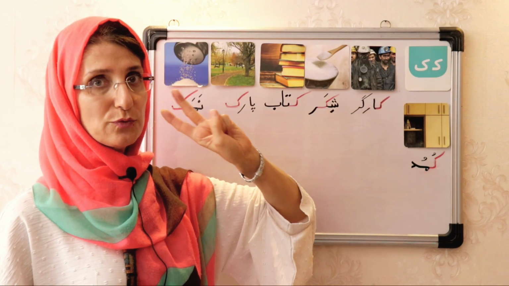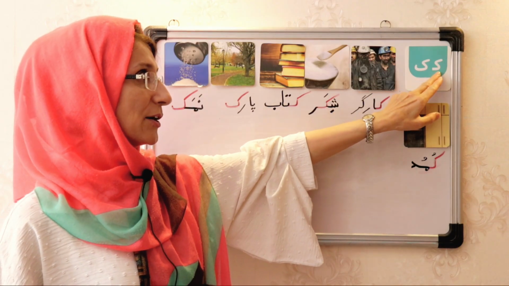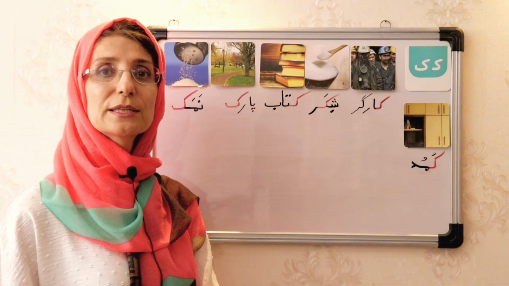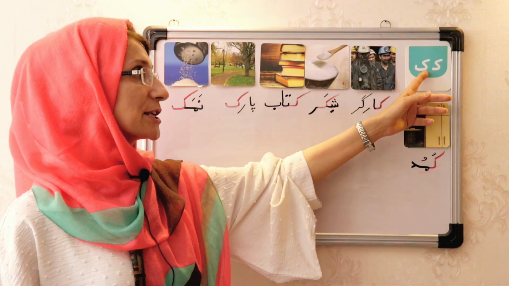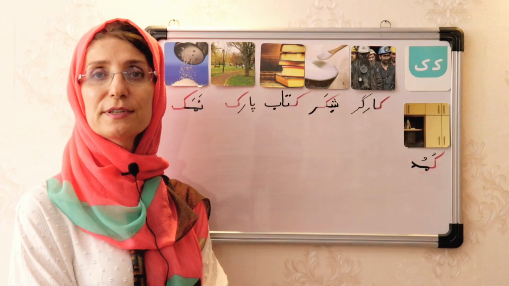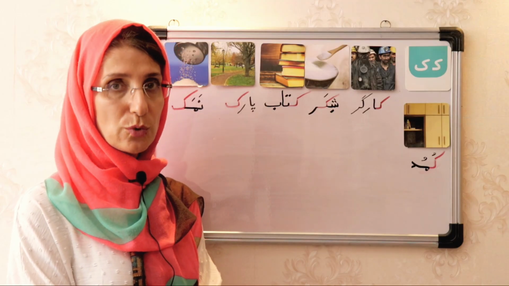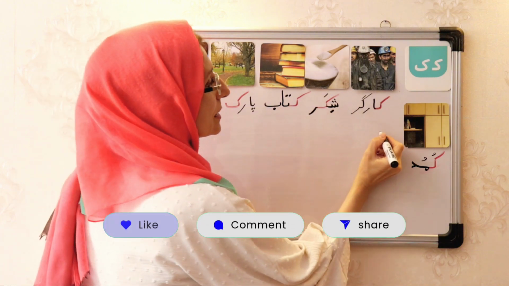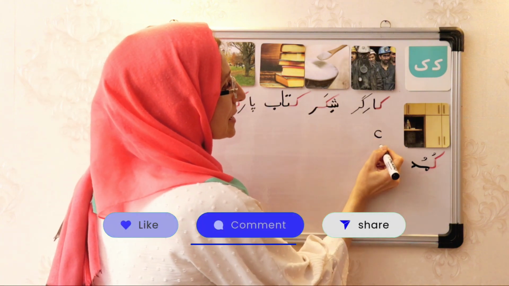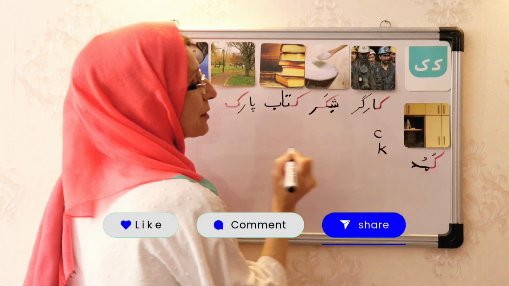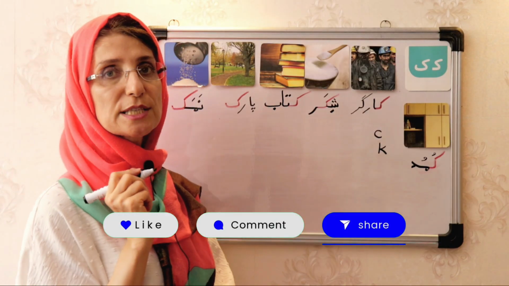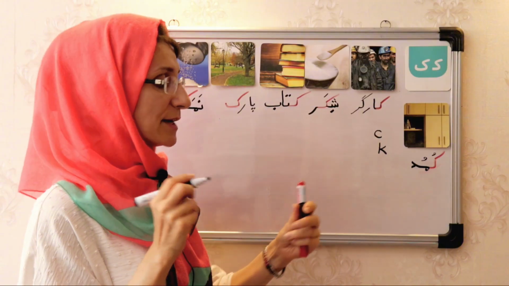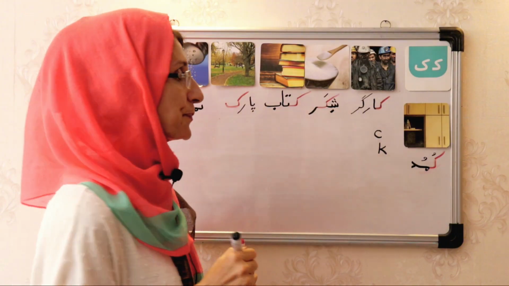K has two forms again: K غیر آخر, which comes at the beginning or in the middle of the word, and K آخر, which exclusively comes at the end of the word. In English we have these alphabets. For instance, in the word cat or kite, we have K sound in Persian.